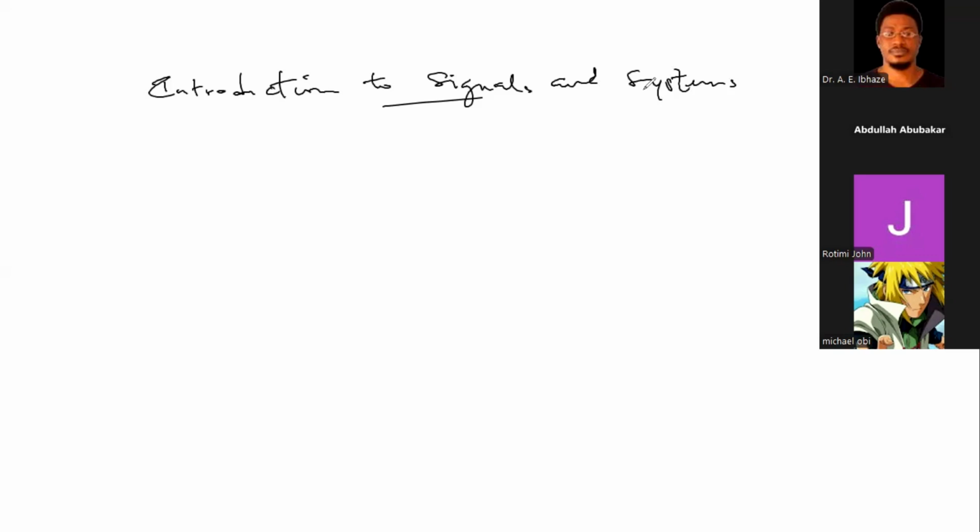Which students, biomedical or systems, electrical? Computer engineering. Okay, go ahead, please. A signal is a description of how one parameter changes with another, while a system is a process in response to an... I didn't get that. What is a system?